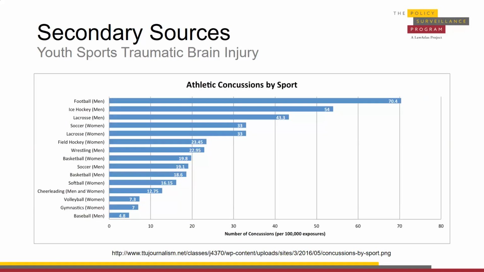Ice hockey, lacrosse, soccer, for both men and women, all have high incidence rates of concussion. So these are by the number of concussions per 100,000 exposures. So you can see while football is ahead by a decent amount, ice hockey is not that far behind, and lacrosse and women's soccer and women's lacrosse are not that far behind those as well.